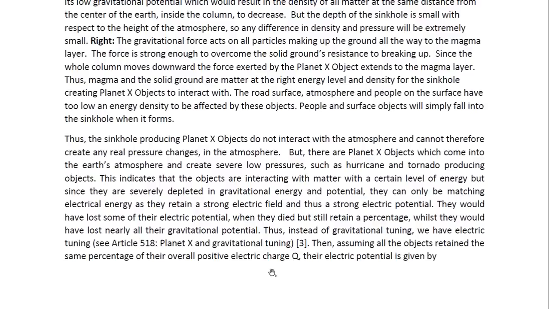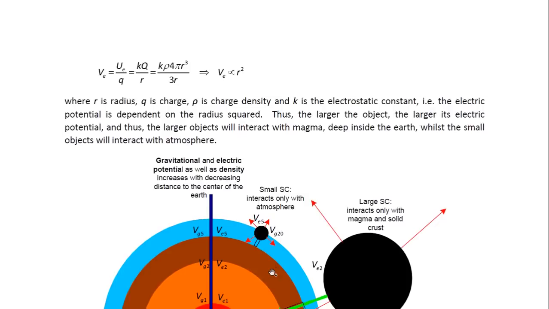Then, assuming all the objects retain the same percentage of their overall positive electric charge, the electric potential is given by this equation, which is the electric potential energy per unit charge, and that's the electrostatic constant times the charge of the object divided by its radius. And so that will be K times rho.